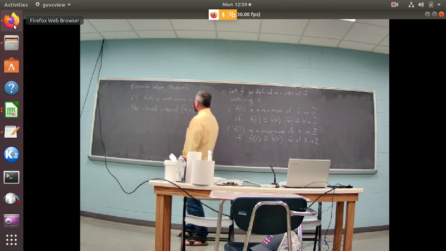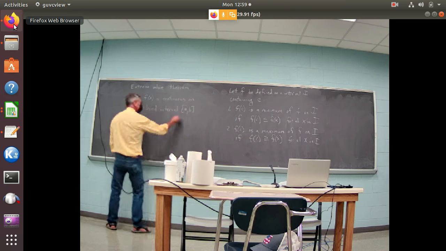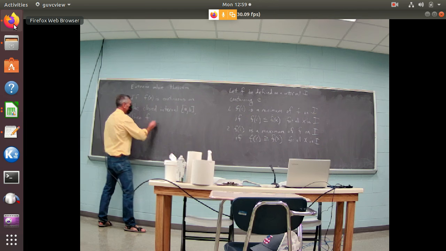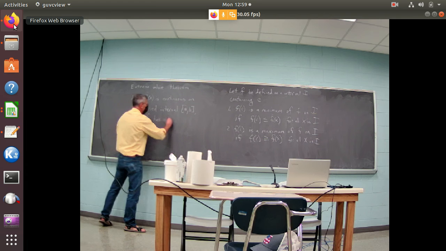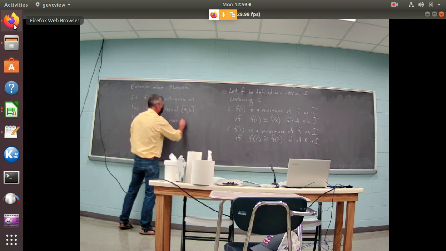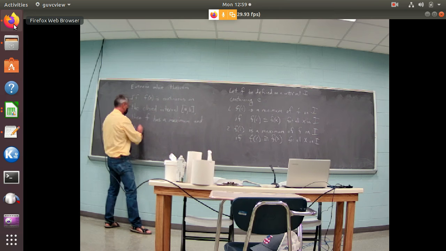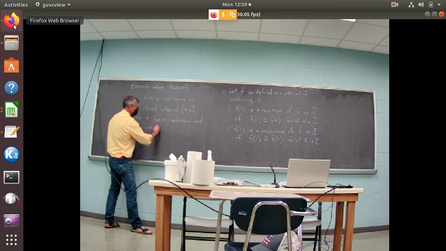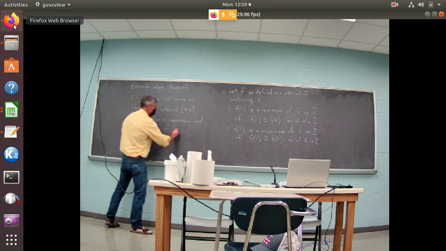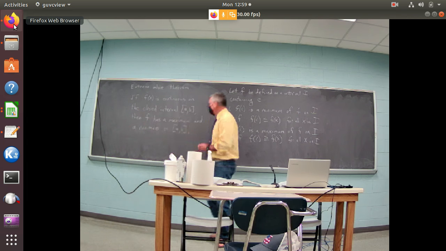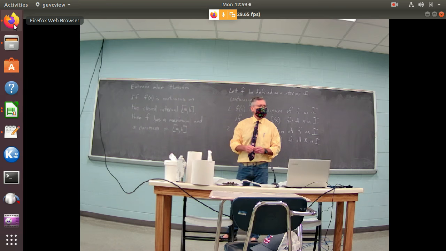So on the closed interval AB, then f has a maximum and a minimum on AB, or at a couple values there in AB, another way to say it.